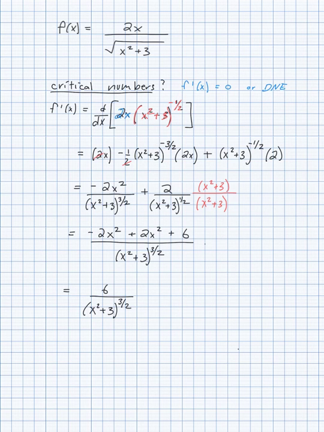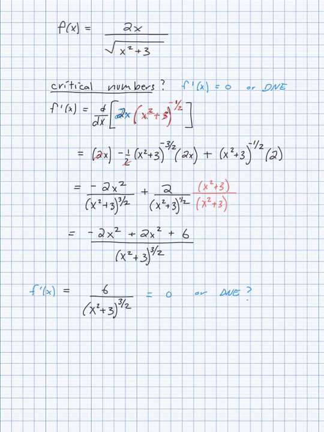And the question is, for what values of x does this derivative, f prime of x, first derivative, equal 0, or is it undefined? It does not exist. So are there values of x that satisfy that equation? There are actually no values of x that will make the first derivative equal to 0.